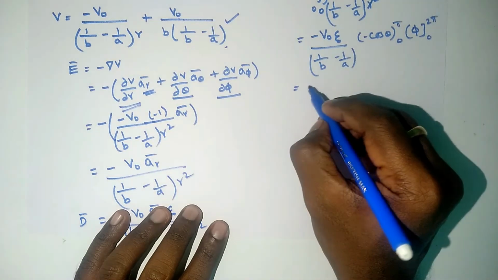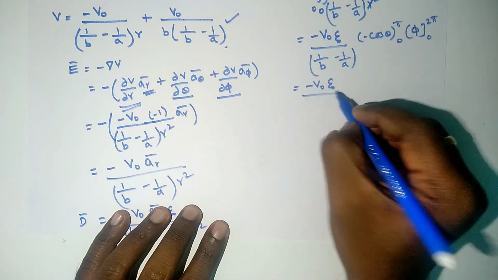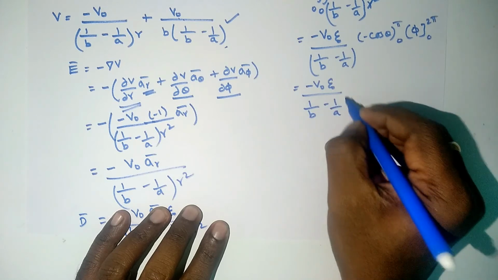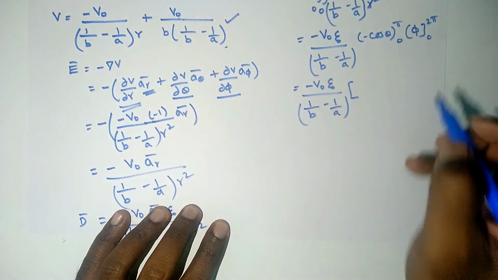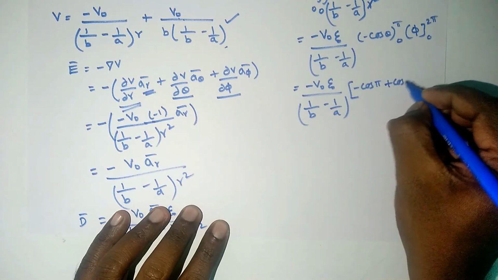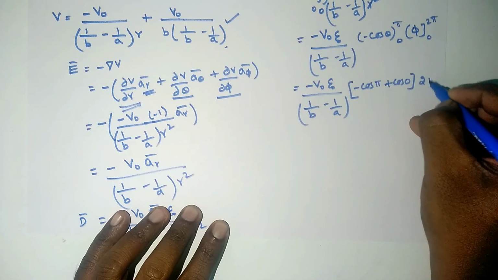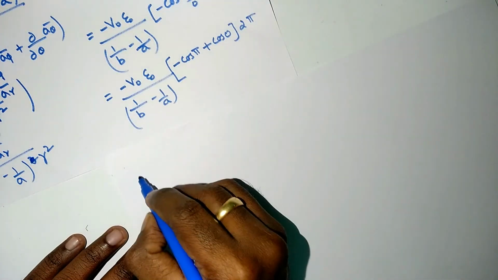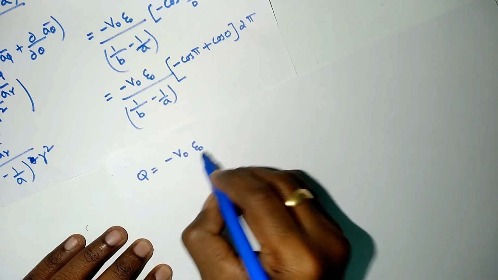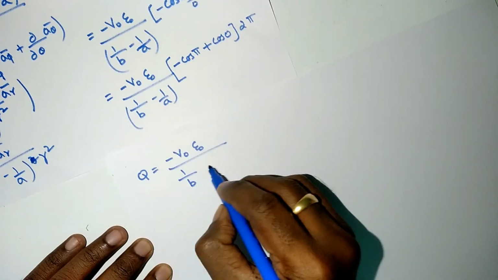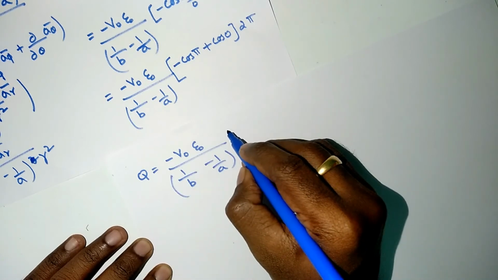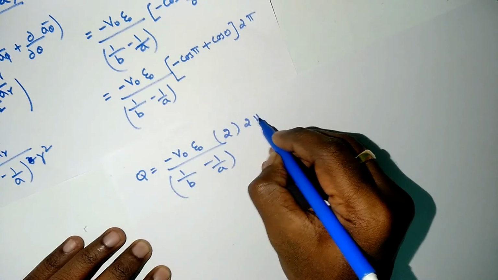So this will be equal to minus V naught epsilon naught divided by 1 by B minus 1 by A into minus cos pi plus cos 0 into 2 pi. So Q will be equal to minus V naught epsilon naught divided by 1 by B minus 1 by A into 2 into 2 pi.